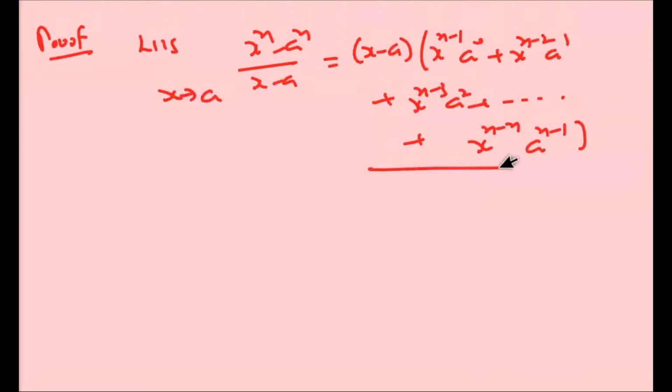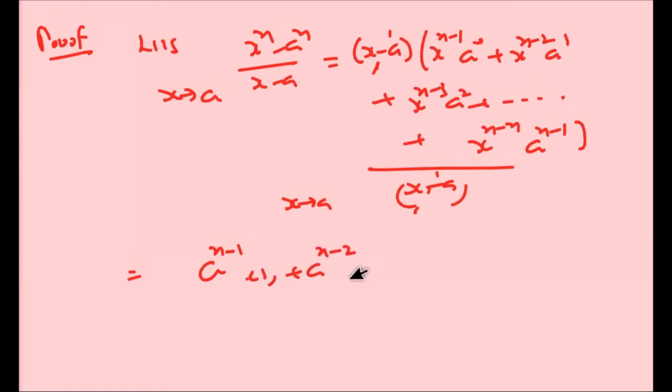Now upon x minus a, x tends towards a, you can see the factor x minus a we can cancel out. So now putting the value a, we can find a to the power n minus 1 into 1, plus a to the power n minus 2 into a to the power 1, plus a to the power n minus 3 into a to the power 2, and so on, plus a to the power 0 into a to the power n minus 1.